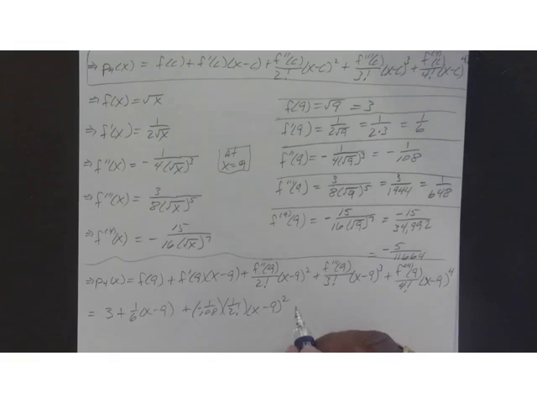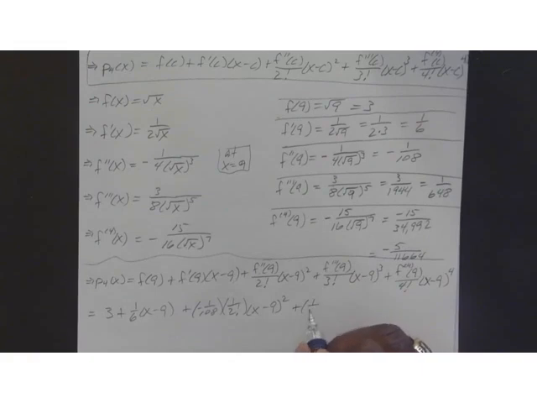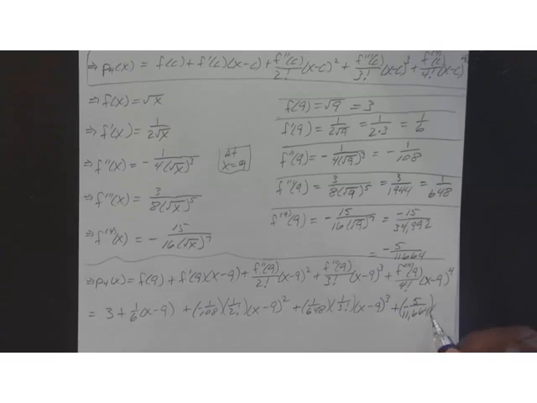Plus the third derivative at 9 is 1 over 648 divided by 3 factorial, so we can just multiply it by 1 over 3 factorial times x minus 9 to the third power plus the fourth derivative at 9, which is negative 5 divided by 11,664 times x minus 9 to the fourth power.